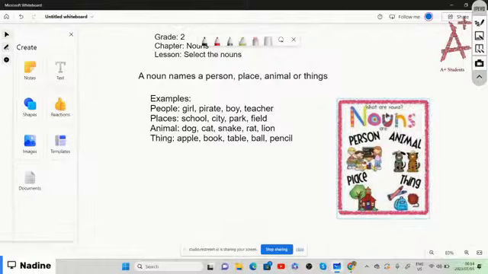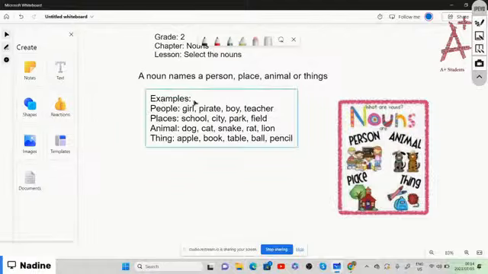Those are all nouns. And nouns are people, just a person, animals, places or a place, and things or a thing. And here are but a few examples of nouns.